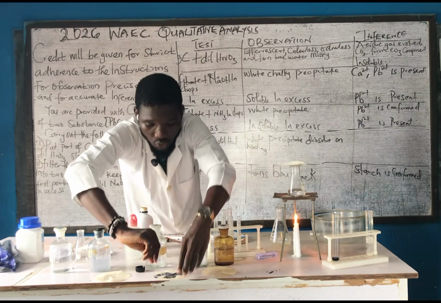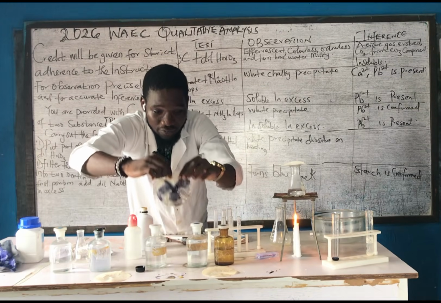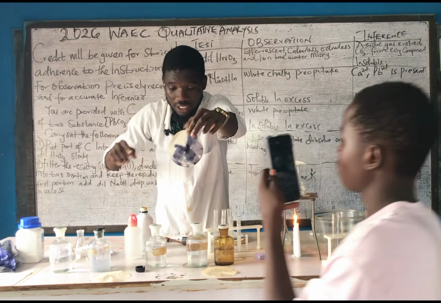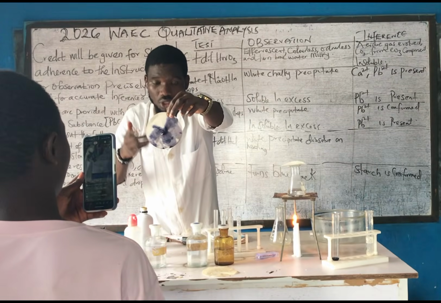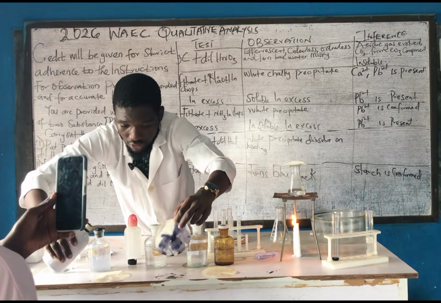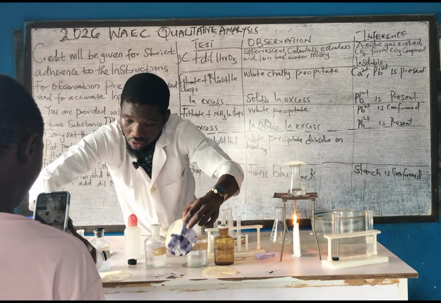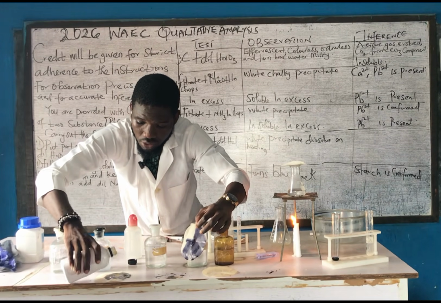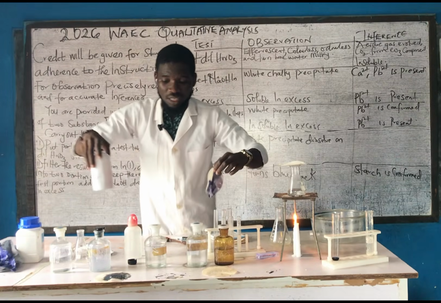Now, with the first filter paper, I'm having a blue-black. That is residue plus iodine. If you want to confirm again, you can move like this, so they can see from YouTube as well. We are having the same thing, blue-black.